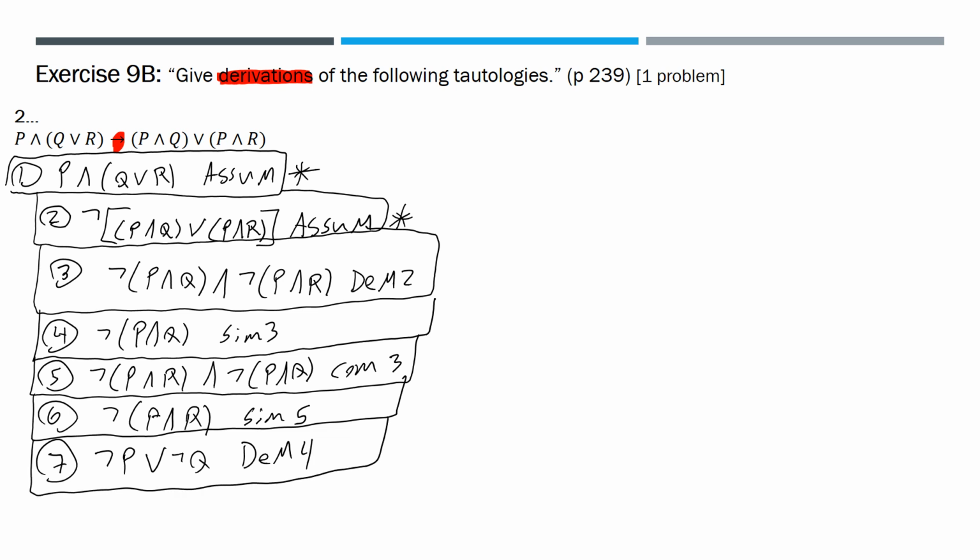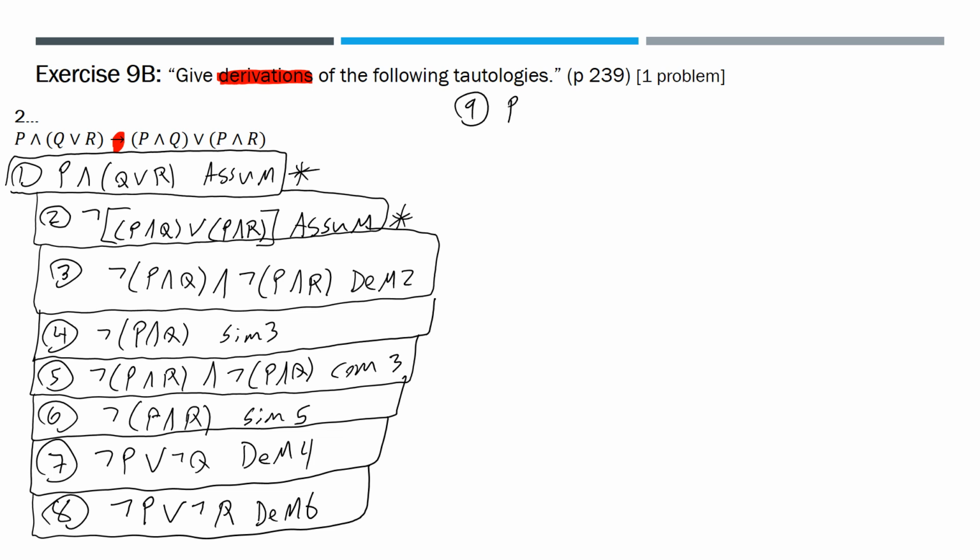Likewise, we can do De Morgan on 6, so we can get not P or not R, De Morgan 6. For 9, we can get P by the simplification of line 1.